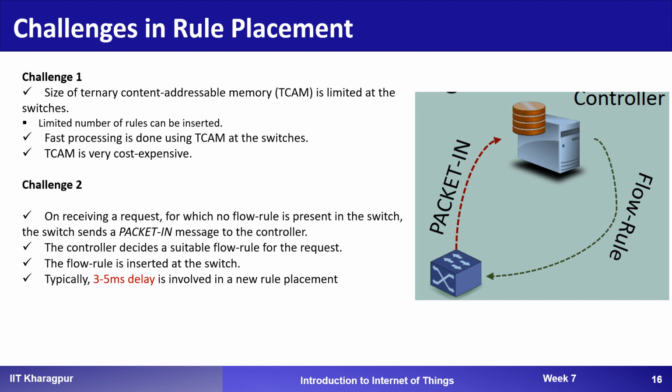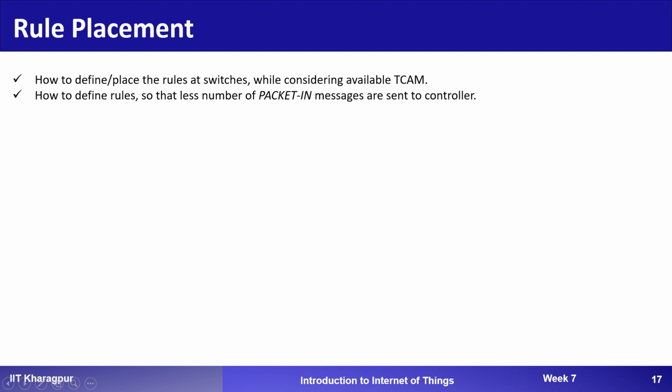Now the challenge is to select the most suitable flow rule, so that the exchange of packet-in messages and flow rules is less. So the challenge is how to define and place the rules at the switches while considering the available TCAM.